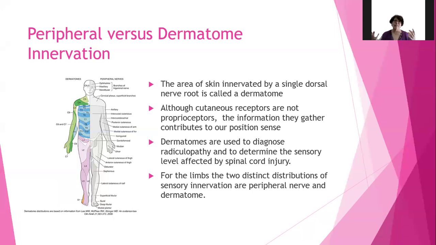We talked about this a little bit in kinesiology, where the anterior part of the lower arm is innervated by the median and the ulnar nerve, and the posterior is the radial nerve. That's a peripheral nerve distribution. And again, those are used to diagnose radiculopathy or determine the effects of a lesion, an injury, basically.